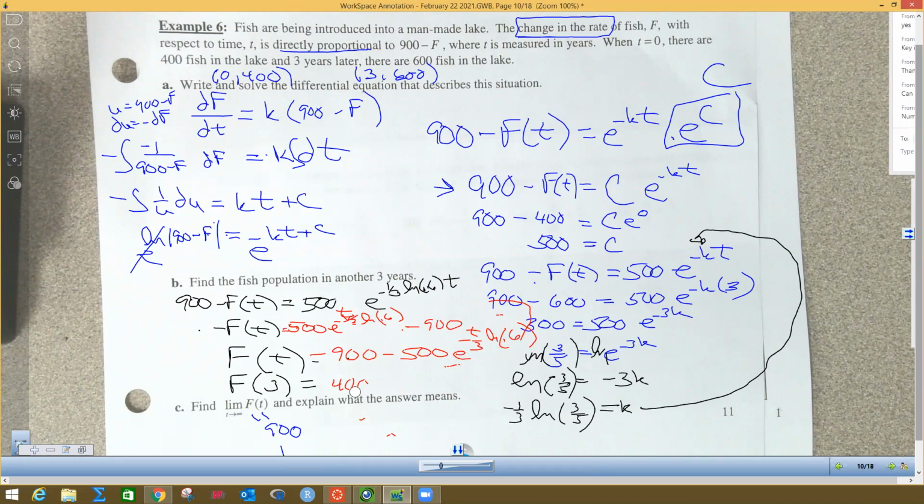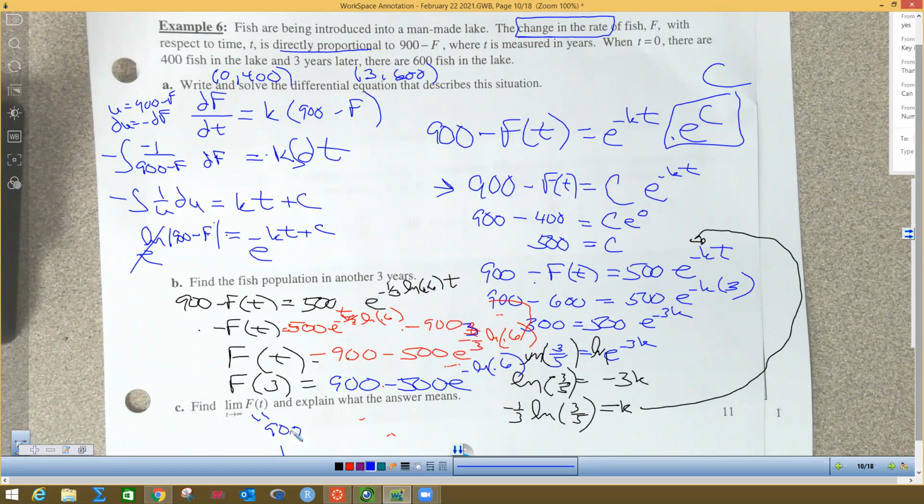So this would end up equaling 900. Let's see, you're supposed to plug a 3 in. You've got to plug a 3 in right here. Plug a 3 in for that t, so that makes that the negative 1 power. So this is 900 minus 500 e to the negative natural log of 0.6 power.